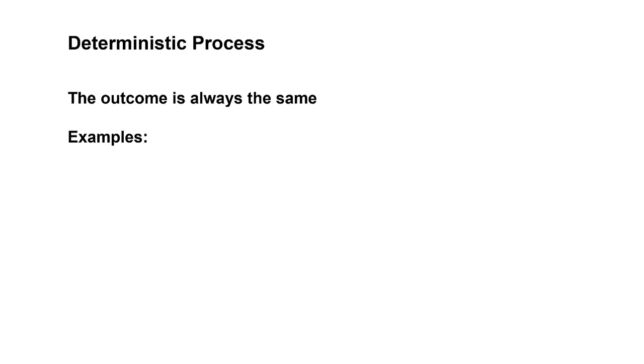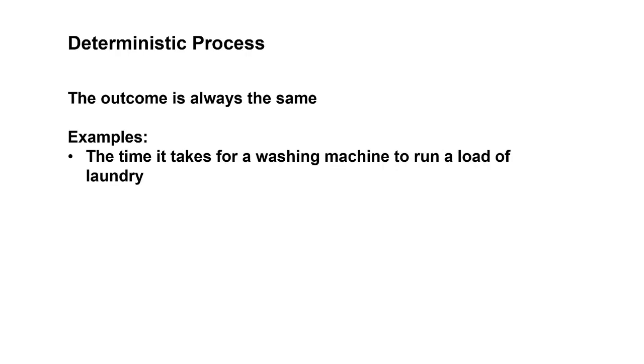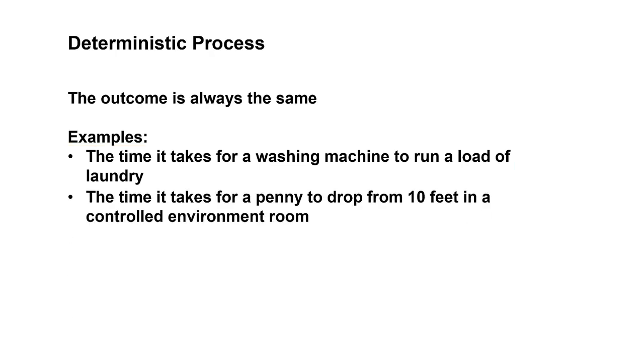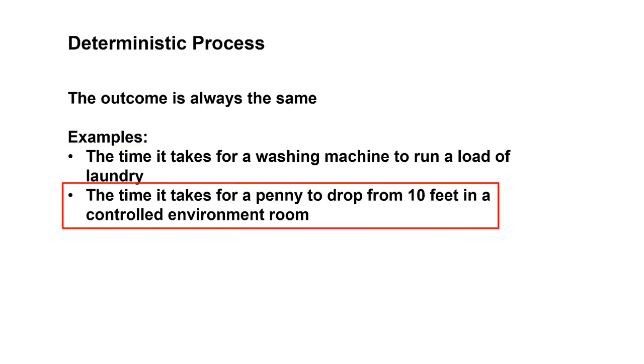Let's take a look at a couple examples of deterministic processes. Again, the outcome is always the same or nearly always the same. For example, the time it takes for a washing machine to run a load of laundry. That's just an automatic machine doing its thing. It's got very carefully timed cycles. So that's an example of something that's always the same. The time it takes for a penny to drop from 10 feet in a controlled environment room.